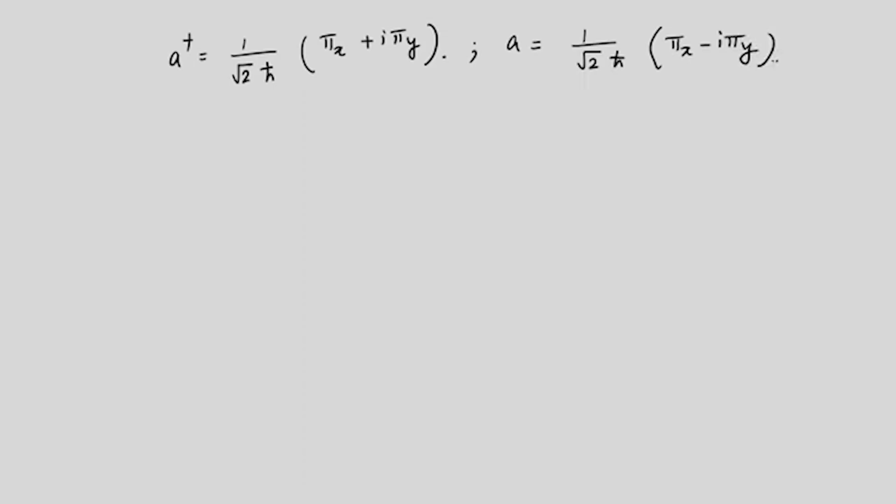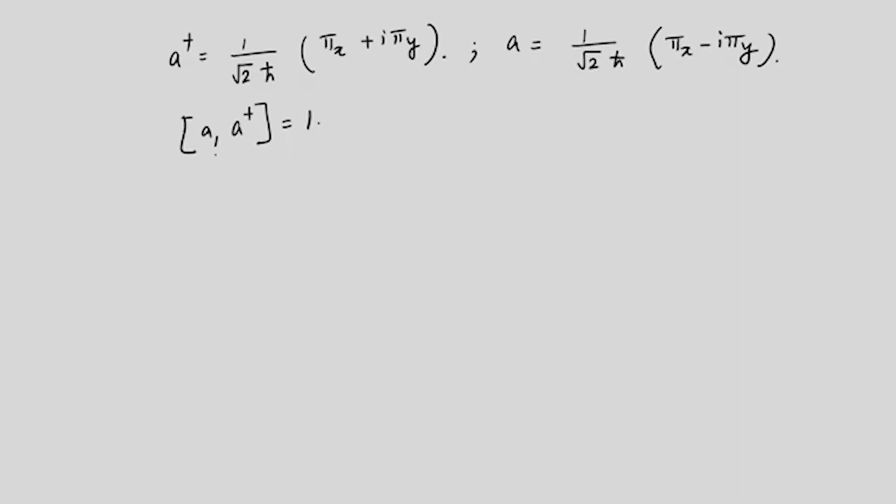Okay. So you can check that A and A dagger have a commutation relation which is equal to 1, and for that you require the commutation relations of pi x and pi y, which is what we have derived.